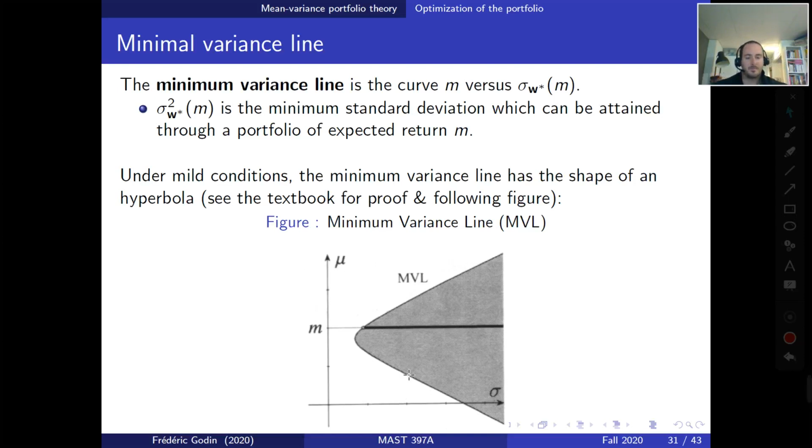For any portfolio in this branch, there exists a corresponding portfolio on the other branch which has the exact same standard deviation but a higher expected return. For this reason, it's never optimal to select portfolios in that branch. What makes sense is to select portfolios in that branch instead.